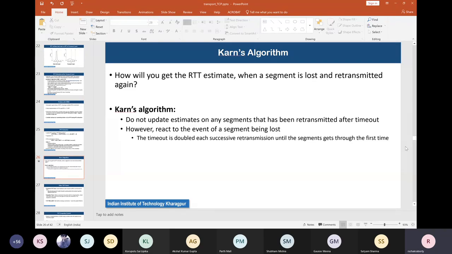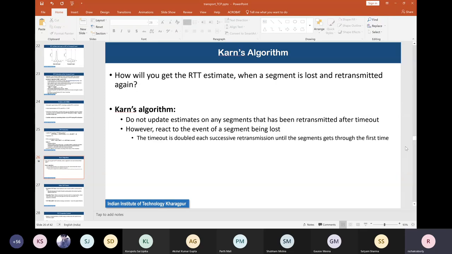He proposed that you do not update any estimate of these variables and RTO values on any segment that has been retransmitted after timeout. Do not base your estimate on that segment, which will probably eventually get transmitted and acknowledged. Just remember that these were retransmitted segments.